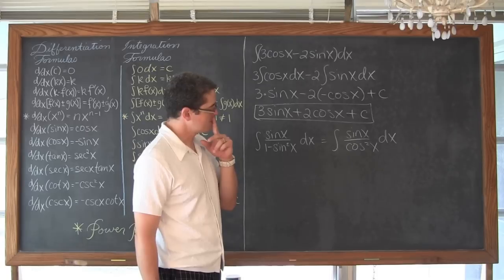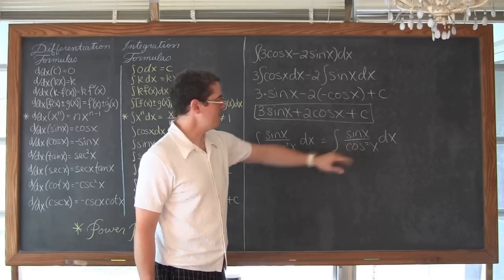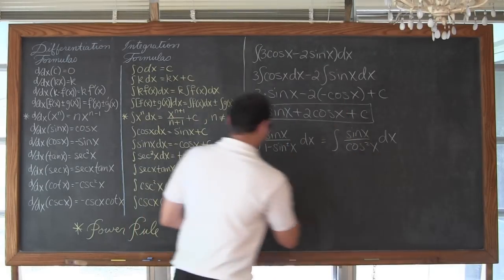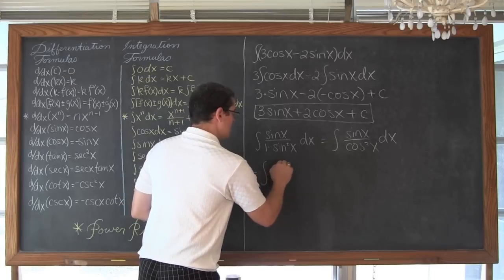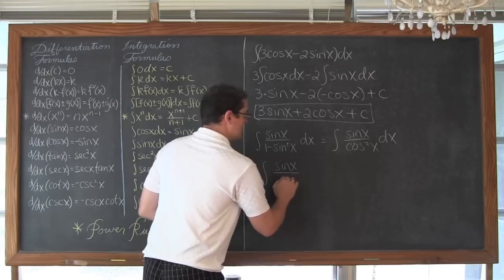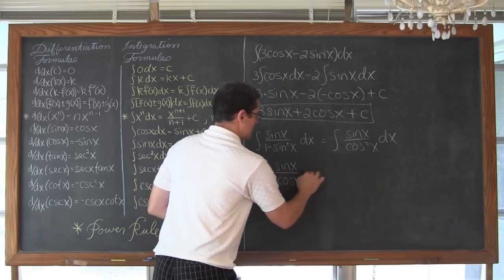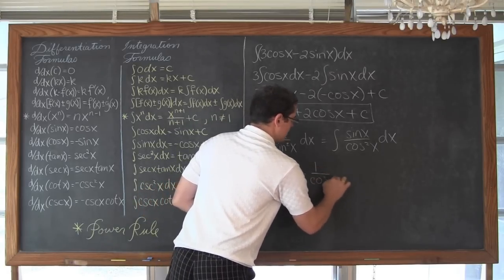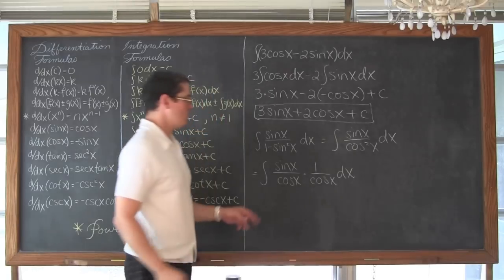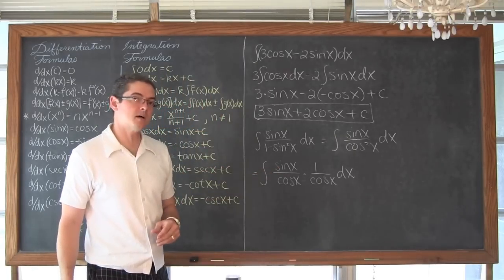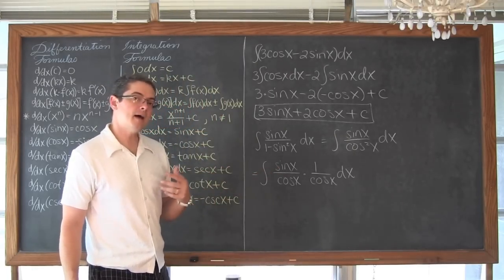So what to do? Well, if I write this as the integral of sine of x over cosine x times 1 over cosine x dx. Now I can write sine x over cosine x as tangent.